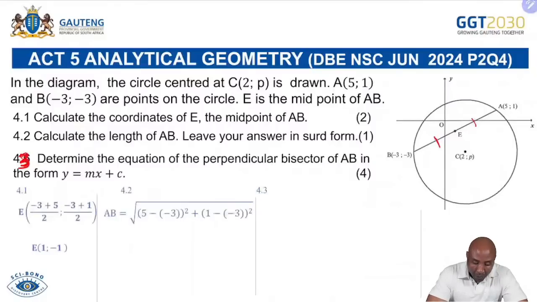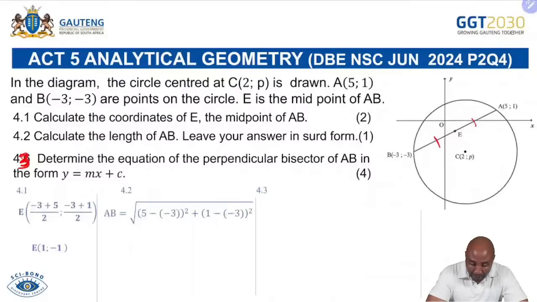4.2, we are supposed to calculate the length of AB, and we leave our answer in surd form. We are using our distance formula: x at A minus x at B squared plus y at A minus y at B squared, and we are square rooting that to help us get the distance.